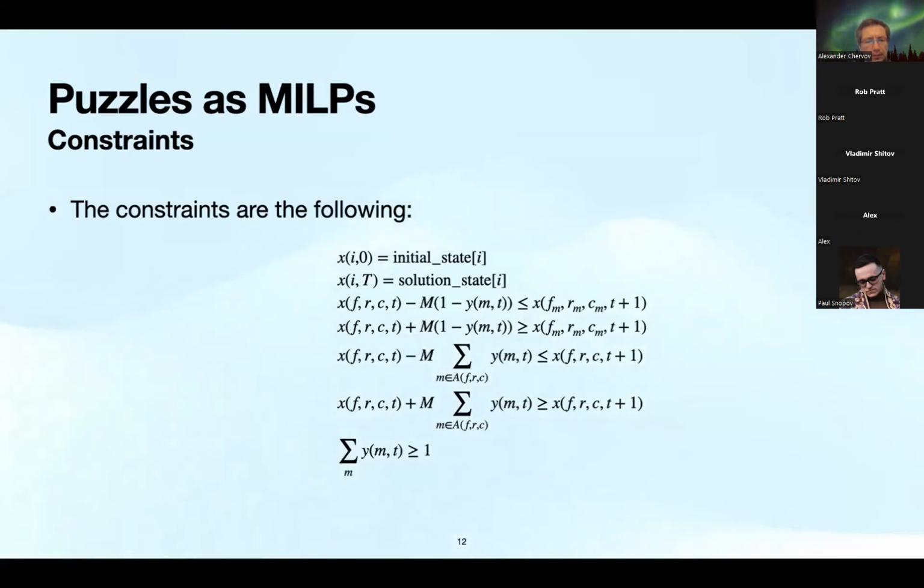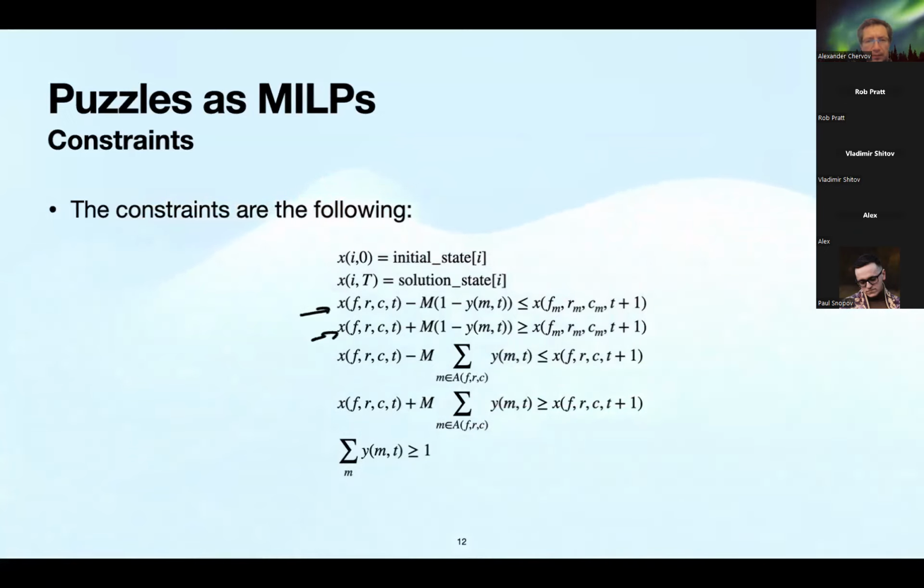If y is 0, this value is very small and doesn't enforce anything, and the other value in this constraint is very large, due to large M.